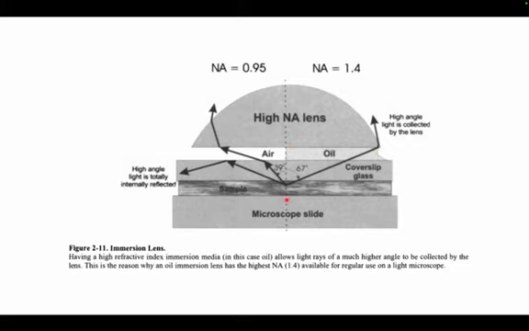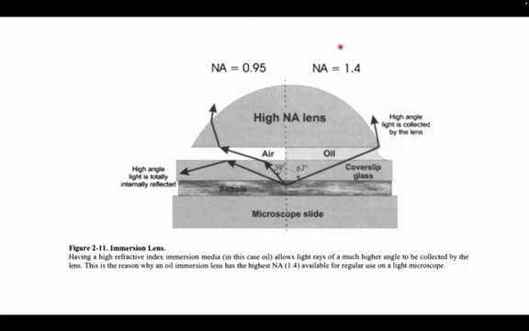So now light is going to travel from our sample through the oil into our lens. And now you can see the same angle of light ray which was not getting collected on this side is now collected by the oil and taken into the objective, right? That means a greater amount of light is collected when we change the immersion medium from air to oil.